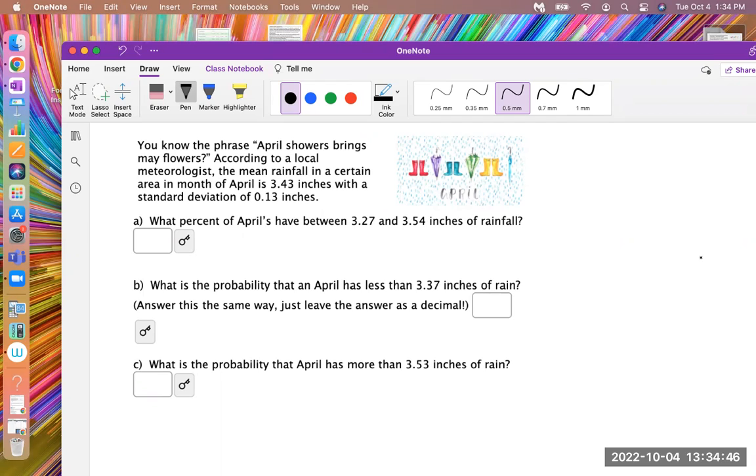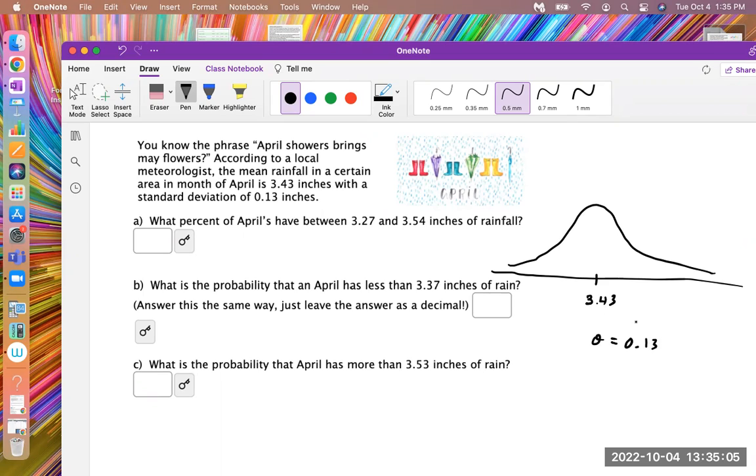And actually, they should say in this problem that it's normally distributed. However, that's the only distribution we've been working with in this section, so it better be normally distributed. The mean is 3.43, and the standard deviation is 0.13.